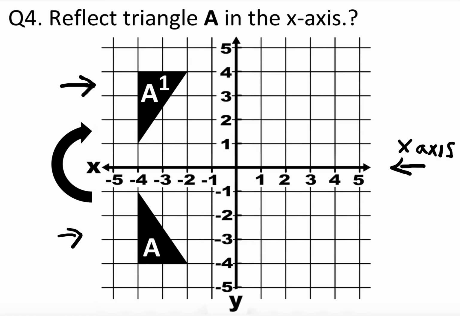It's something you need to practice. On this occasion, this is what it would look like if you reflected triangle A through the x-axis. You would end up with A1, and that's where it would be positioned. It's another thing to try at home, but it's not too difficult if you try it a few times. It's just like looking in the mirror again.